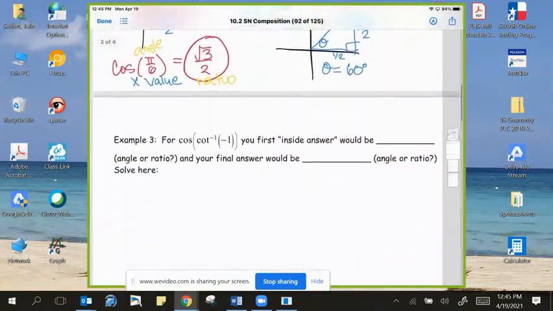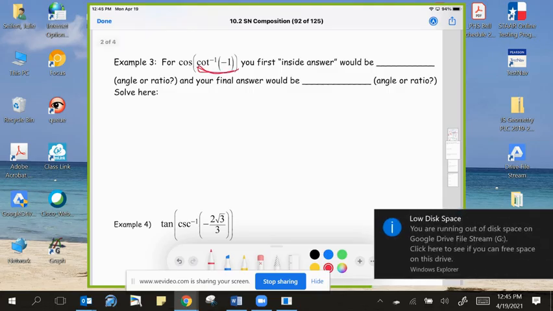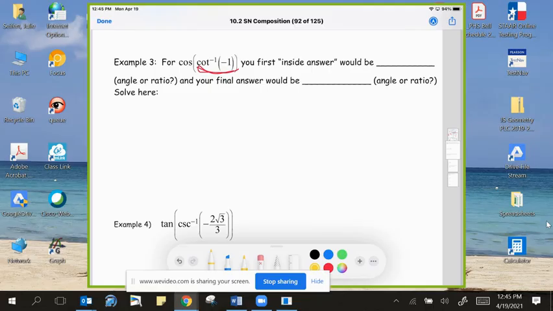So we have cosine of cotangent inverse of -1. If we start with the inside, cotangent inverse of -1, is that -1 an angle or a ratio? It's inside a cotangent inverse.